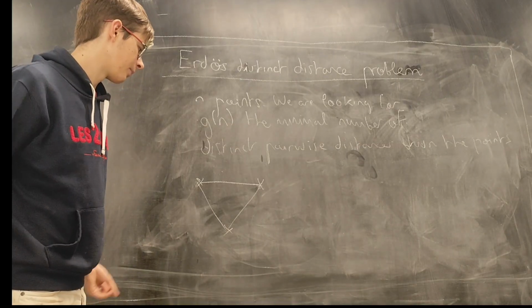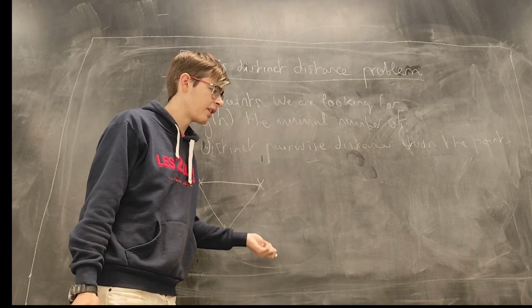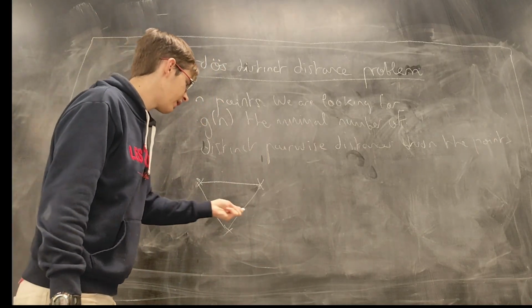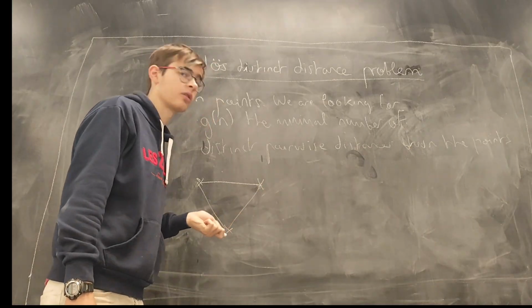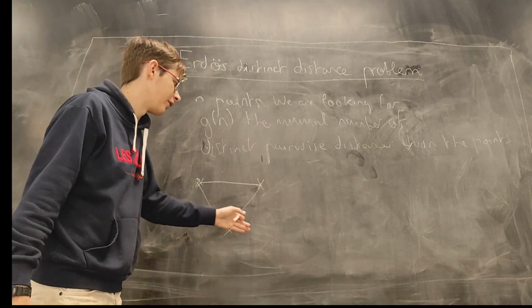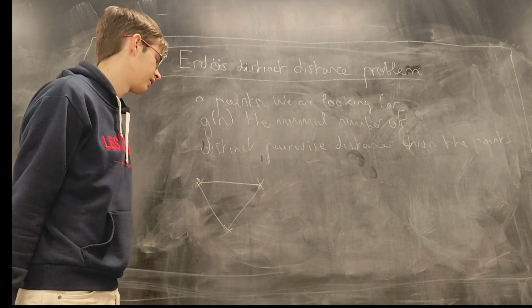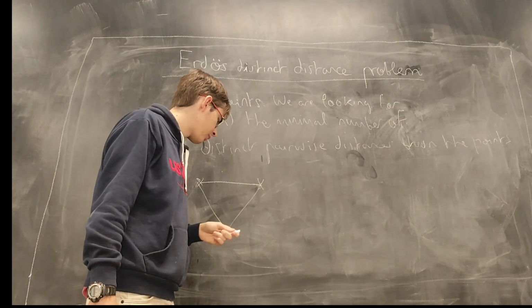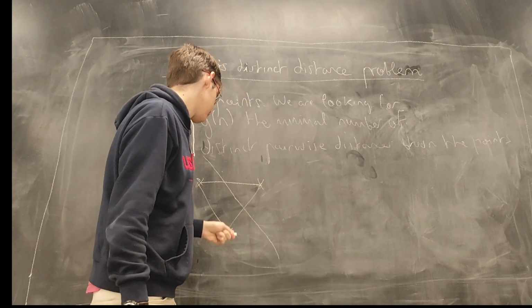So this is pretty simple. Let's suppose that we want to place a 4th point while still keeping only one distance. Then our 4th point must be at the same distance from this point and this point. Because if it had a different distance to both of these points, we would already have 2 different distances. So since it's equidistant to this point and this point, it must lie on this line, okay?